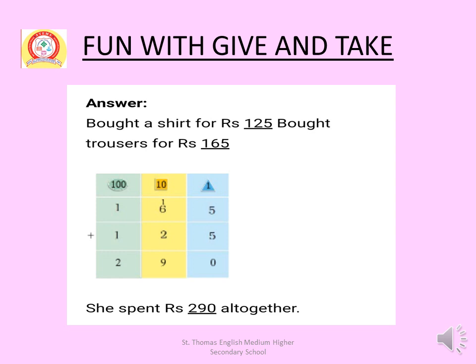Now in tens column we add 1 plus 6 plus 2, that is 9. In hundreds column 1 plus 1 equal to 2. So the addition is 290.